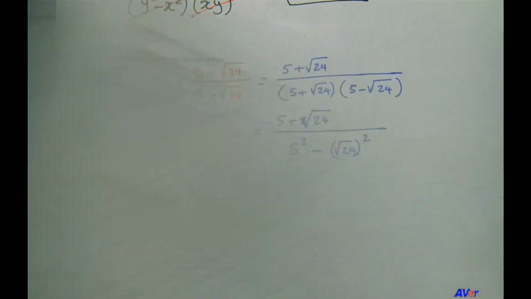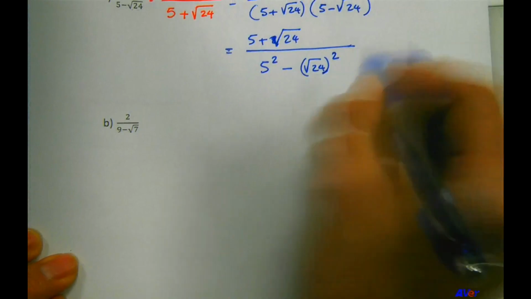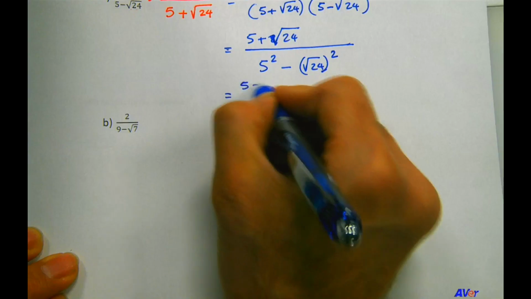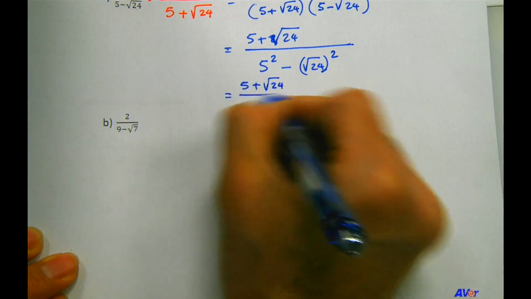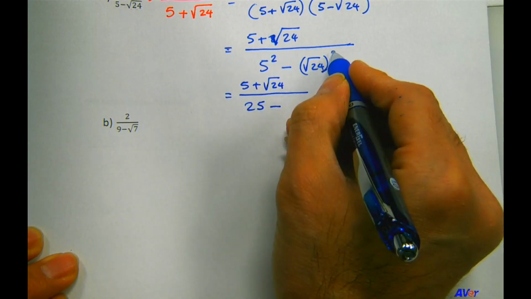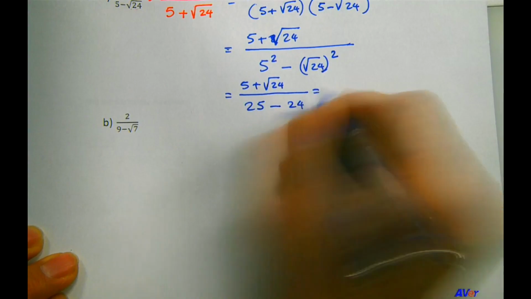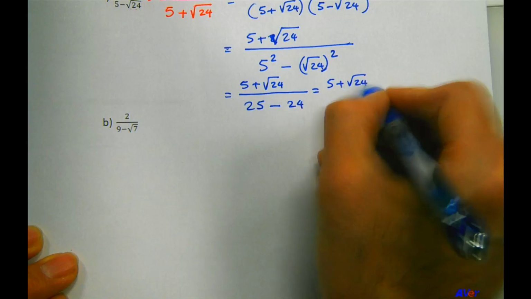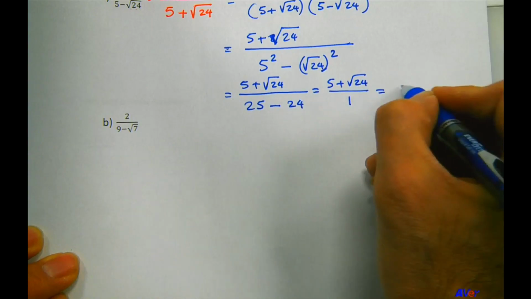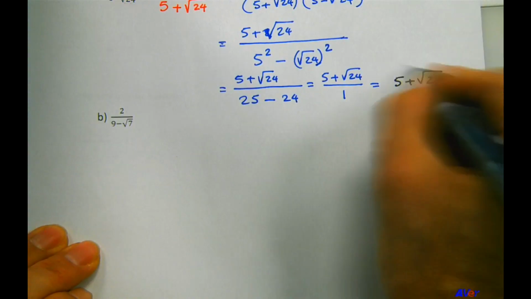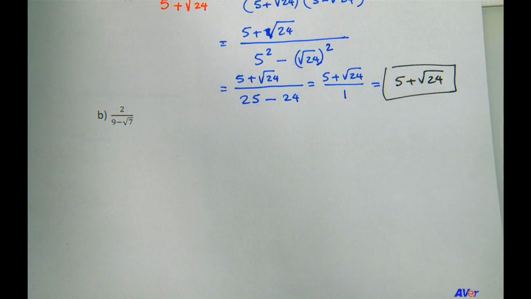So once you have the perfect square, then you can easily simplify the terms. So you have 5 plus square root of 24 divided by 25 minus 24, which is 1, right? So 5 plus square root of 24 over 1, which is equal to 5 plus square root of 24. Okay?